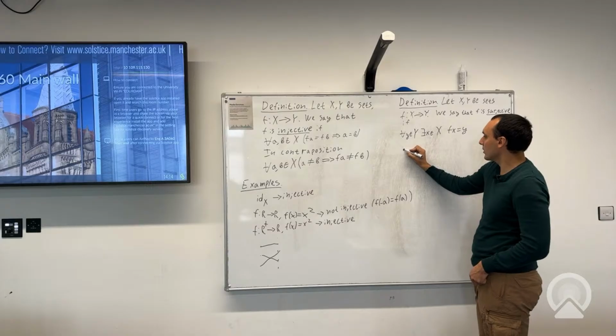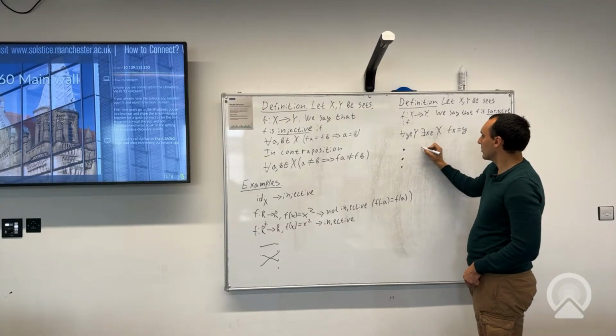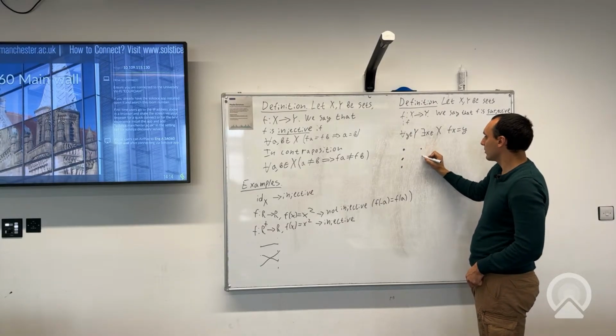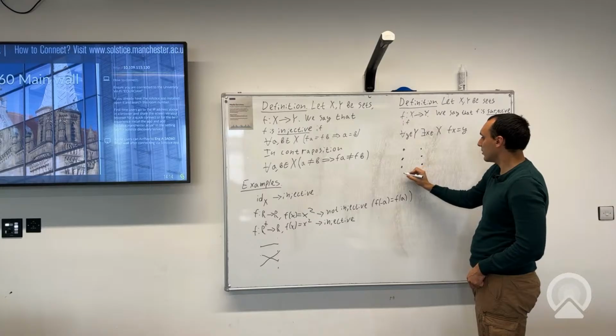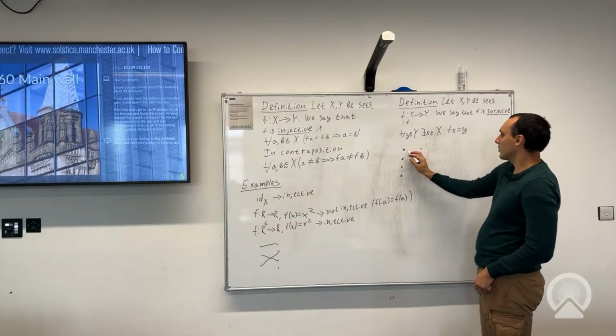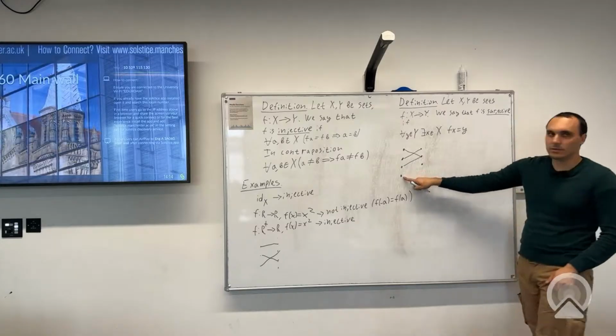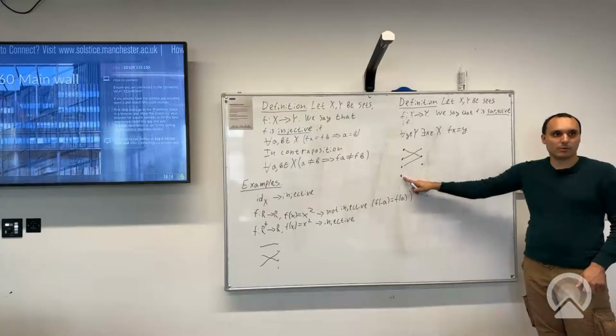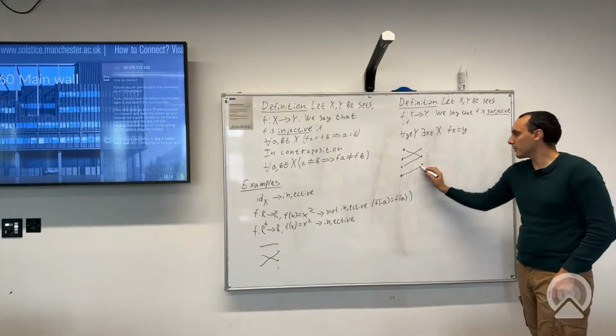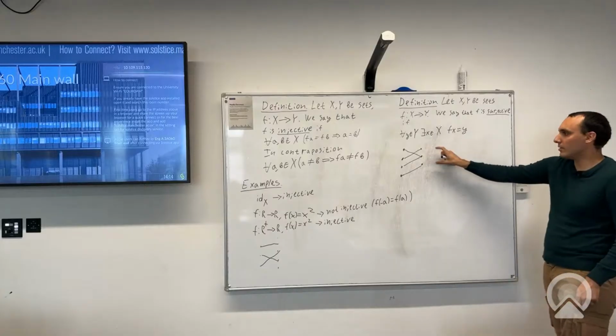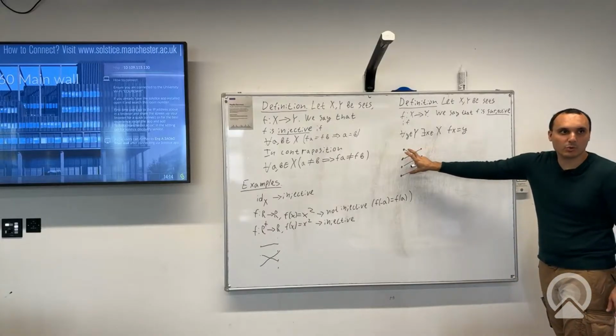So if we have 4 points here and 3 points here, this is a surjection. Everything on the right has a so-called preimage.